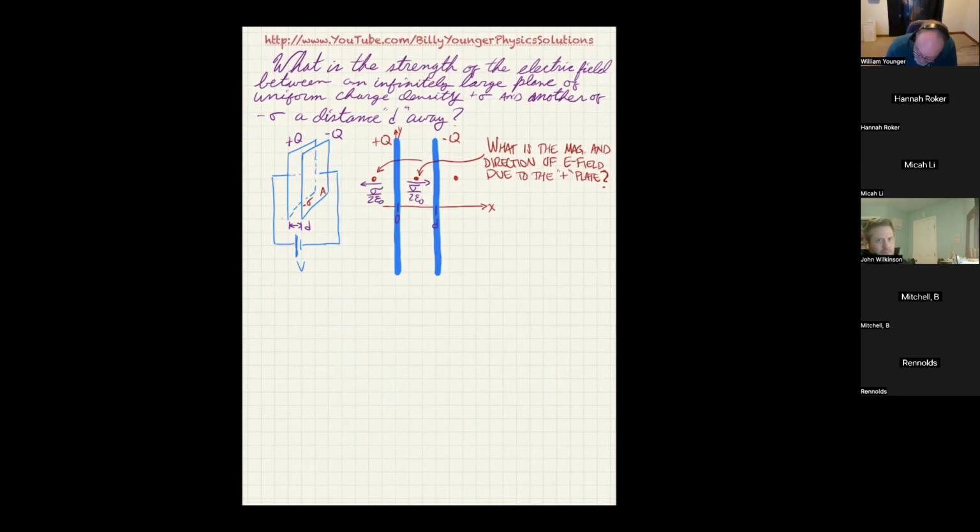Now, one more time, can someone tell me in which direction and what magnitude the electric field due to the positive plate would have at this last dot? Start off with the direction. Let's make it easy. At that rightmost dot, what direction will the positive plate create an electric field pointing in?